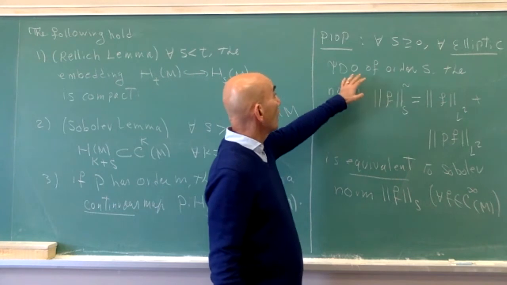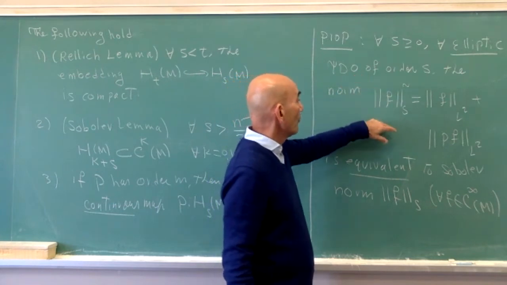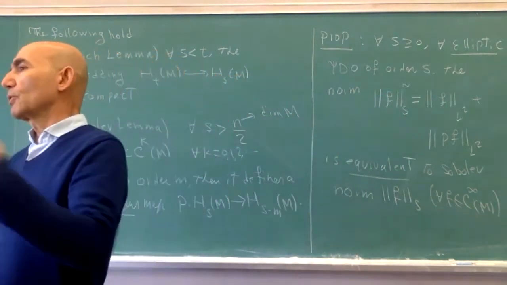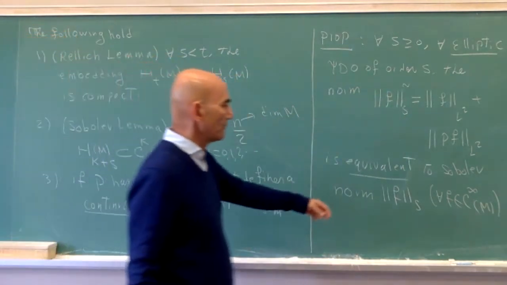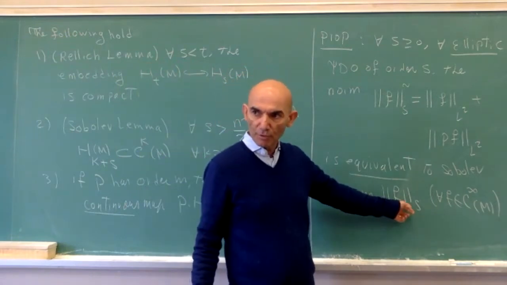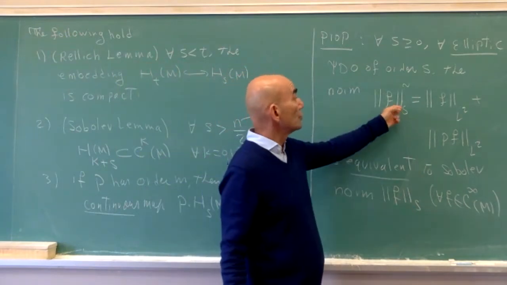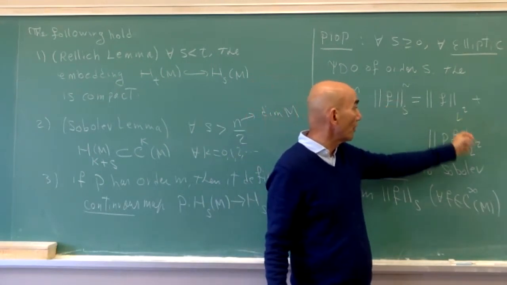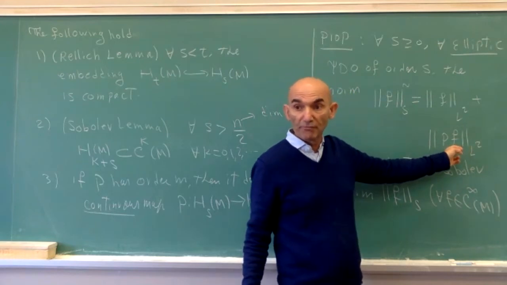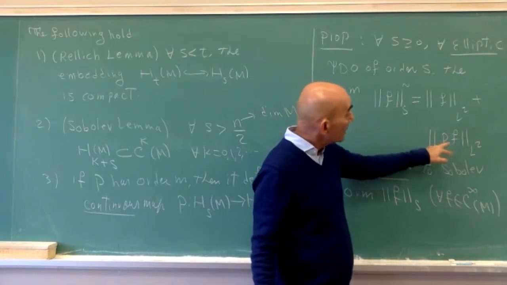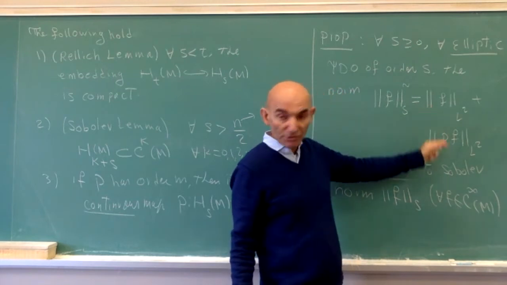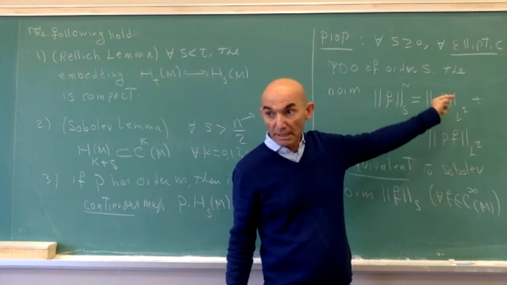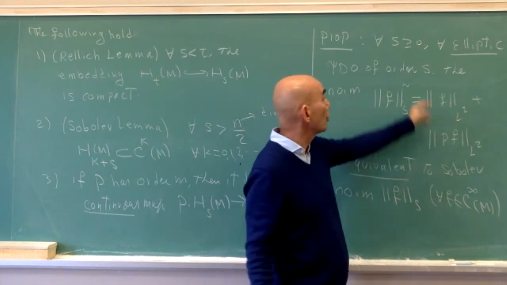To put it formally, one should also say that for any local charts and for any partitions of unity, the norm that we define here, the Sobolev norm, is equivalent to this norm here that's just defined in terms of sums of the L2 norm of f and the L2 norm of P of f. And now, this depends on the metric, of course, because it's an L2 norm. It also depends on the differential operator, which is a pseudo of order s.